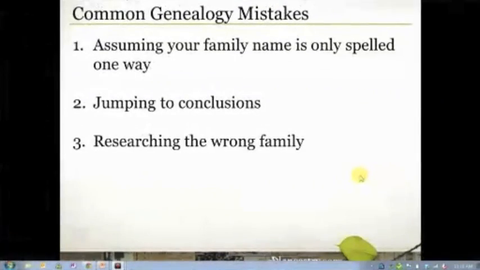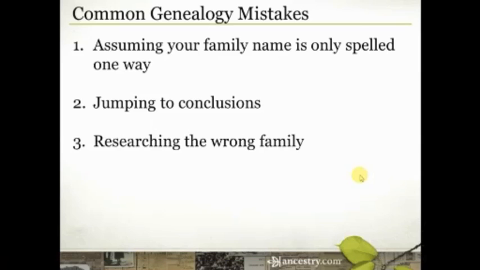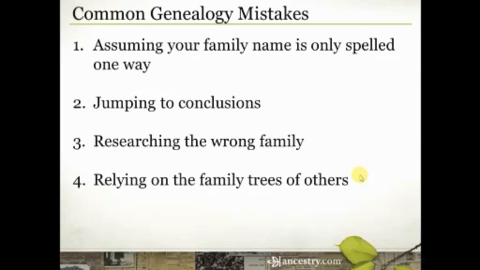And that brings me to mistake number 4, which is kind of a touchy subject. It is relying on the family trees of others. And it doesn't matter if those family trees are on Ancestry.com or if they're on their own website or if they're in a book. It doesn't matter.